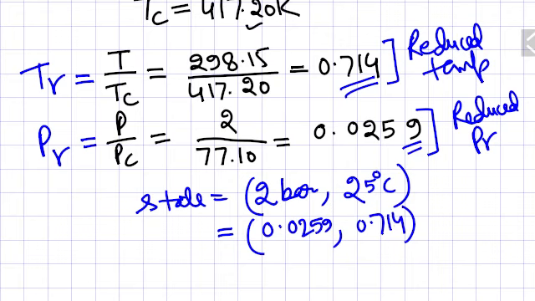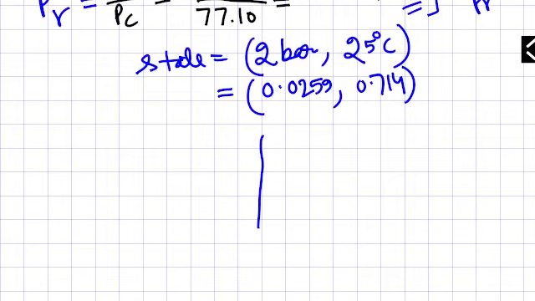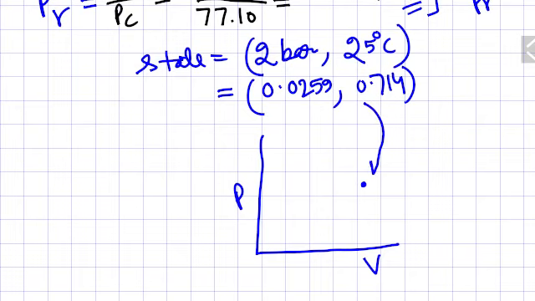So this is the new method. With the help of reduced temperature and reduced pressure, you can show the state of a substance. For example here, you can show the state with this data also, and this is called TR and PR data.